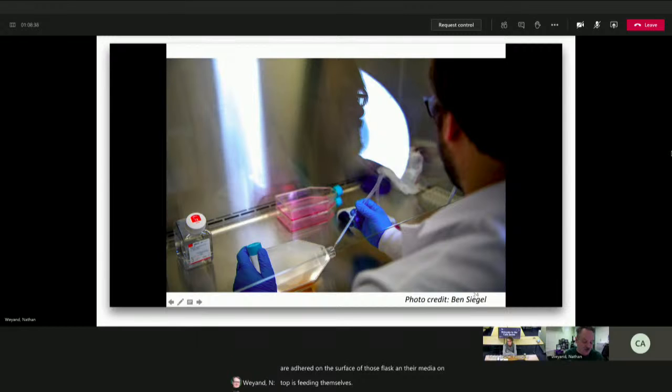We propagate human cells in these types of flasks, and then we can collect them and distribute them to other types of dishes that we can then infect with bacteria. We're interested in studying what happens to the human cell during infection.